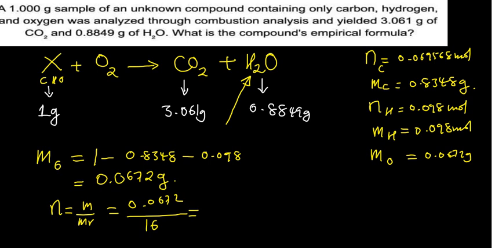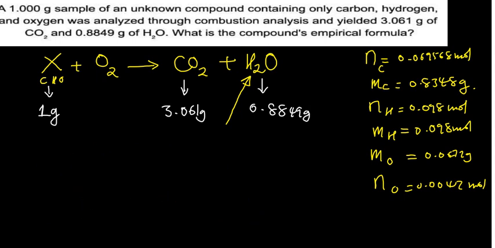What is it giving? Yes, 0.0042. Good. So number of moles of oxygen is 0.0042 moles. Now that we have got these values, we can now calculate the empirical formula.